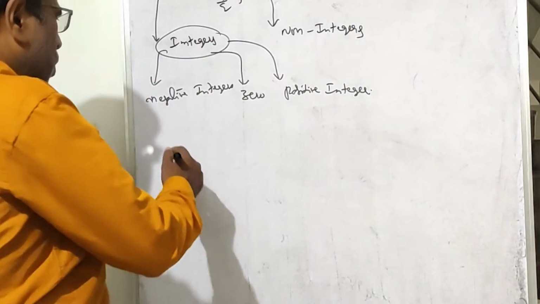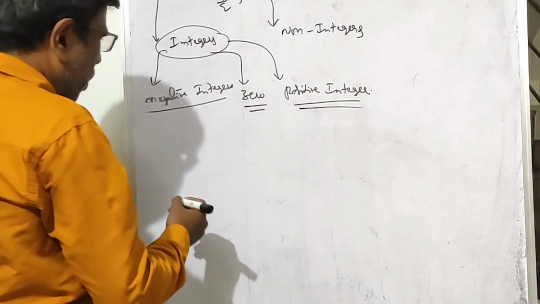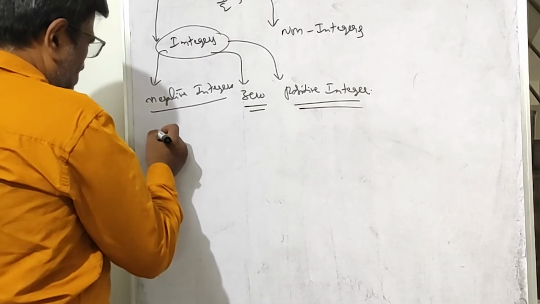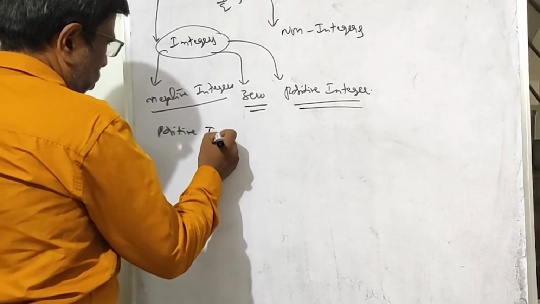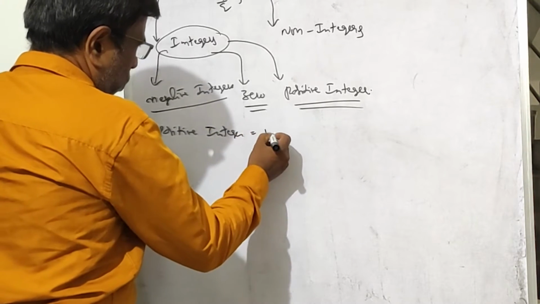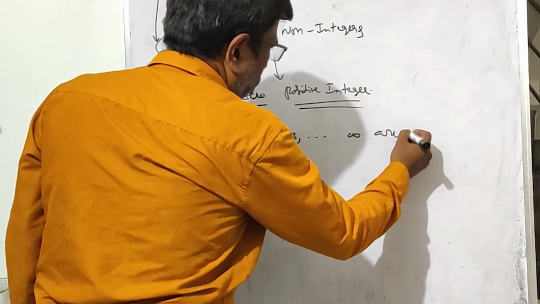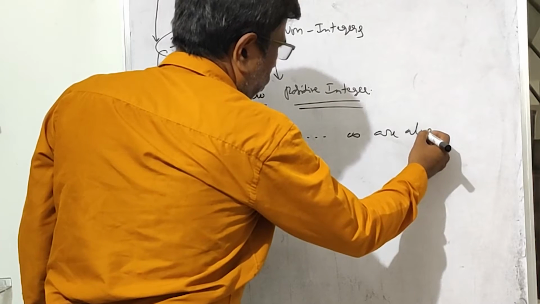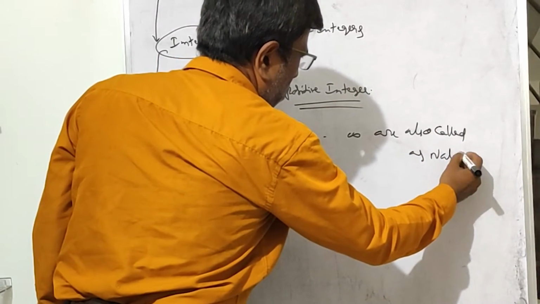Integers are negative integers, 0 and positive integers. Only positive integers, 1, 2, 3 and so on to infinity, are also called natural numbers.